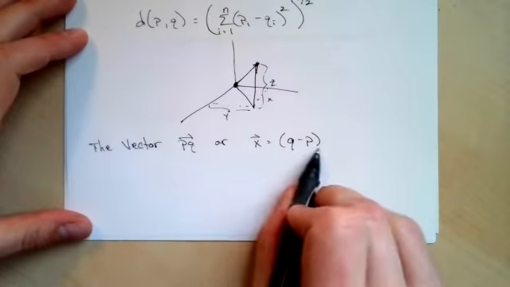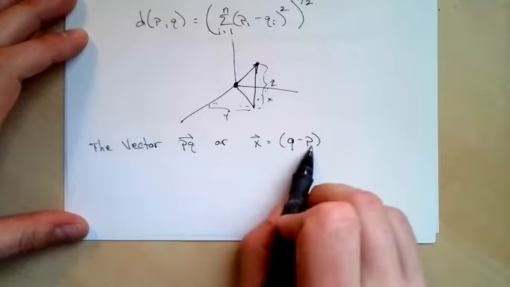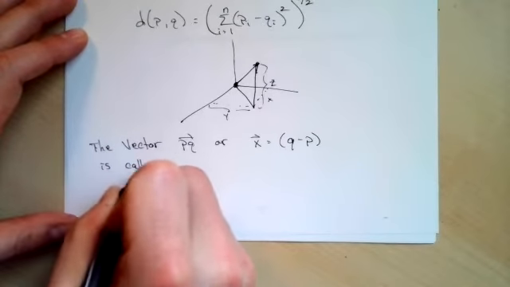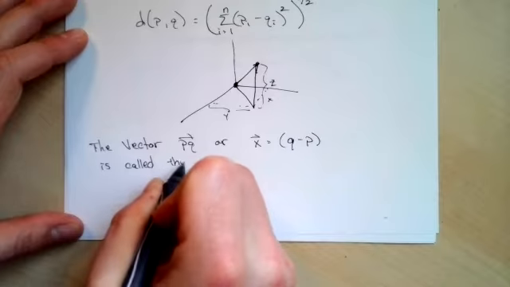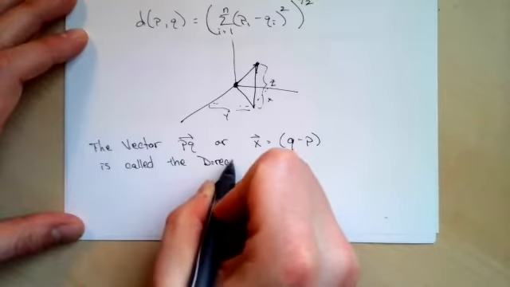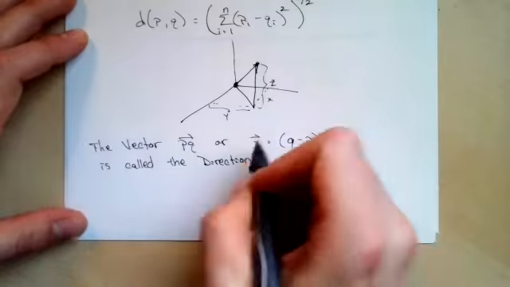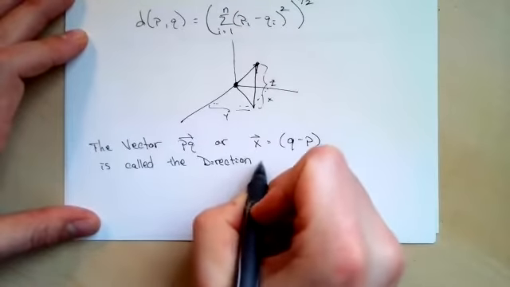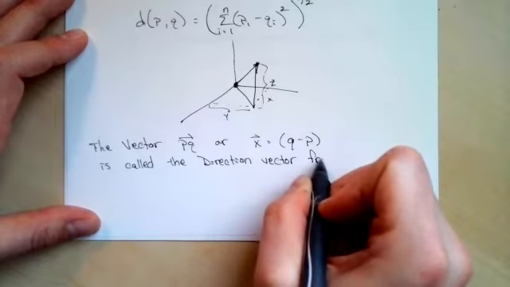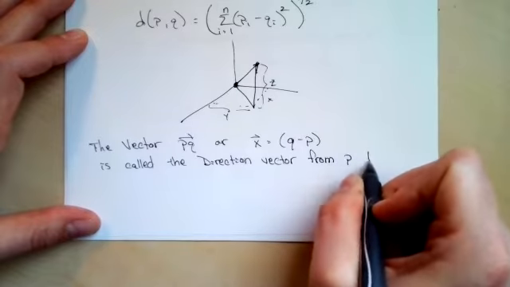So you do want to mind the direction and the subtraction. So if we do q minus p, we call it the direction vector, or directional vector, from P to Q.